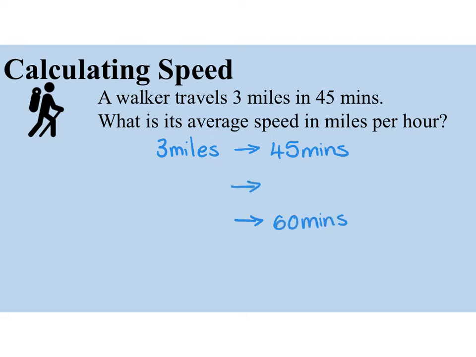In the middle, I will take this down to 1 minute and then that'll help me to find my 60 minutes. To get from 45 to 1, divide by itself makes 1. To get from 1 to 60, times by 60. So to get this answer here, I'm going to divide by 45 and times by 60. Again, grab your calculator.